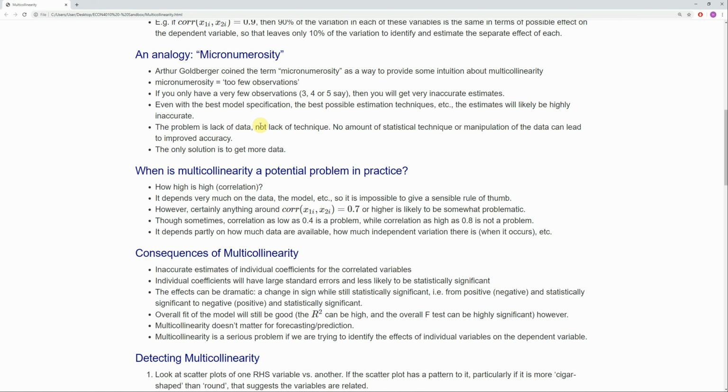Sometimes if you have a larger data set, you're showing more and more variation of your variables, and maybe those variables are not that correlated in a larger data set. But when you're using them in a smaller data set, they could end up being correlated.